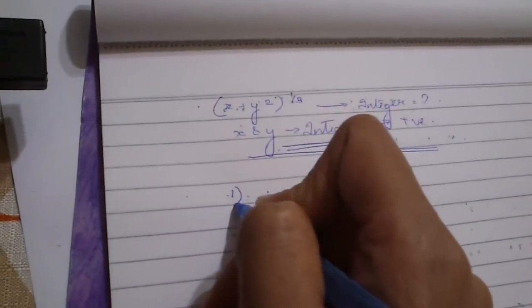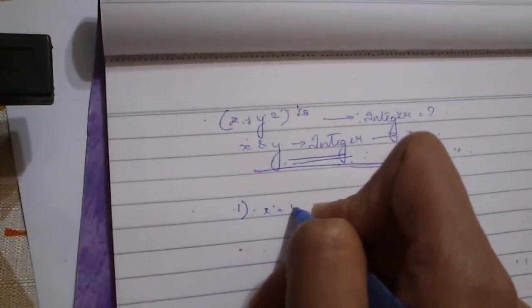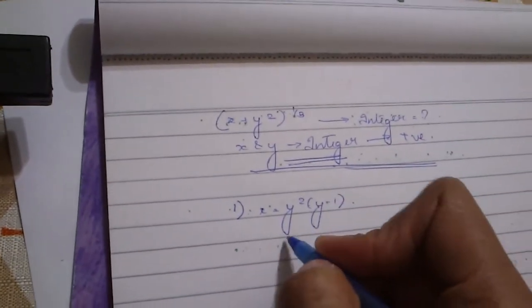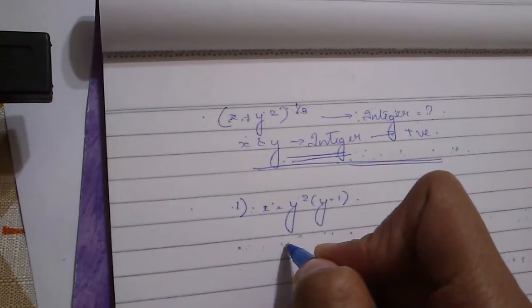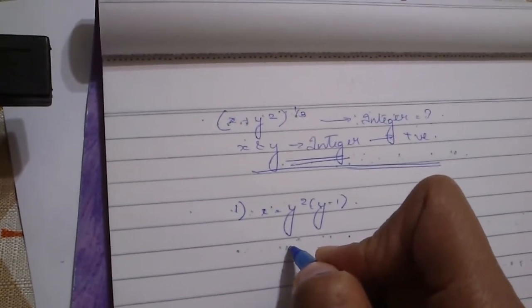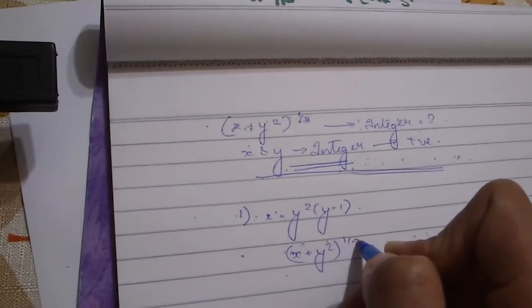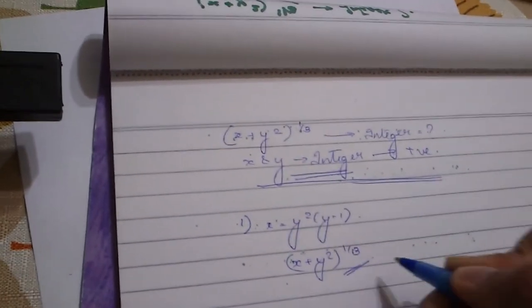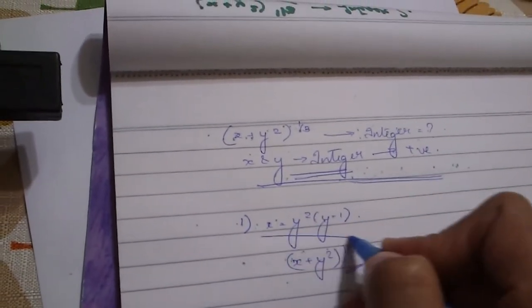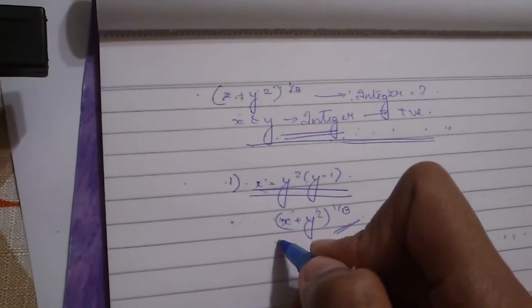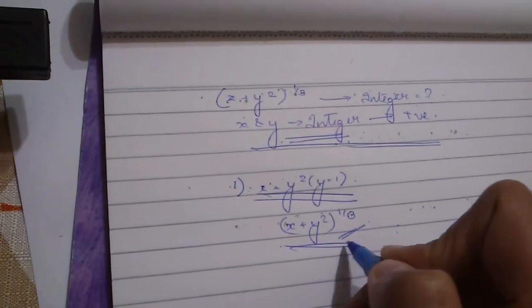Now the first statement tells us x is equal to y squared into y minus 1. We were already supposed to find the value of (x plus y squared) to the power 1 by 3, that is the cube root. See whether this statement gives us any information about this question.